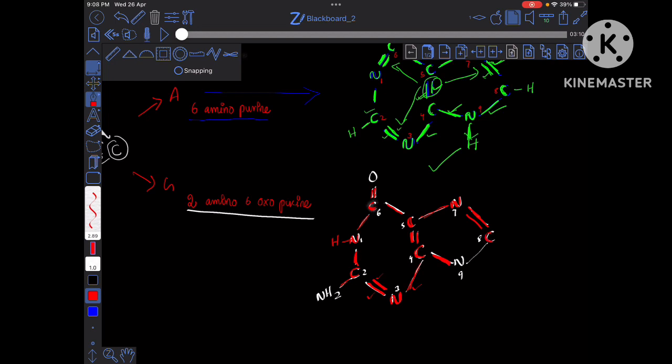To the carbon atom, here 2, here 1. So 3 is filled. So one more. We can put a hydrogen atom here. With respect to the 9th nitrogen atom, 1, 2. So one more is required. We can add a hydrogen atom here. So the structure of guanine is also finished.